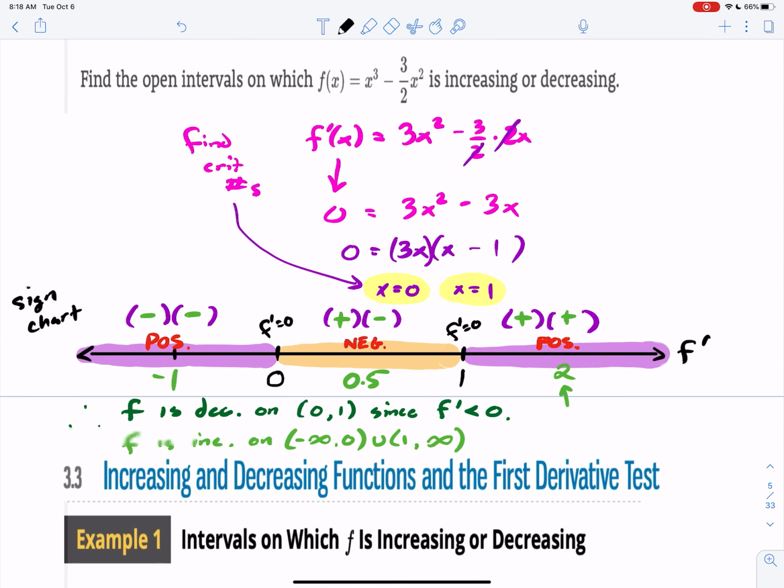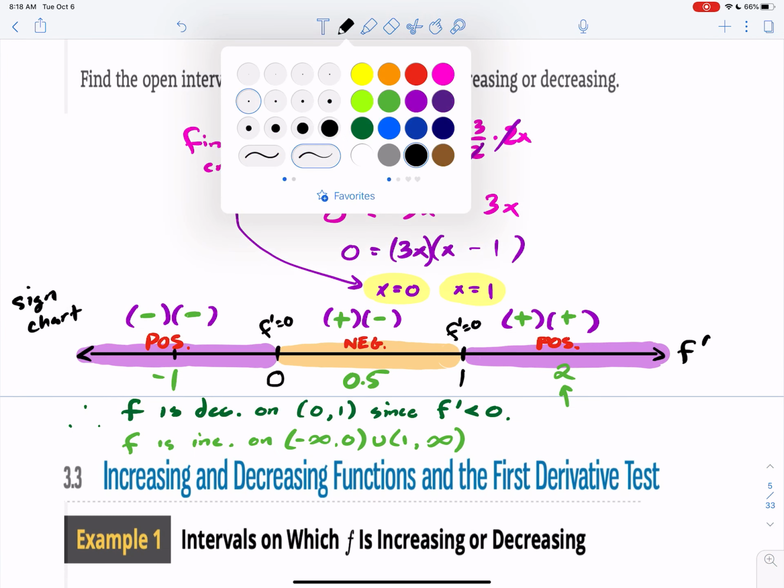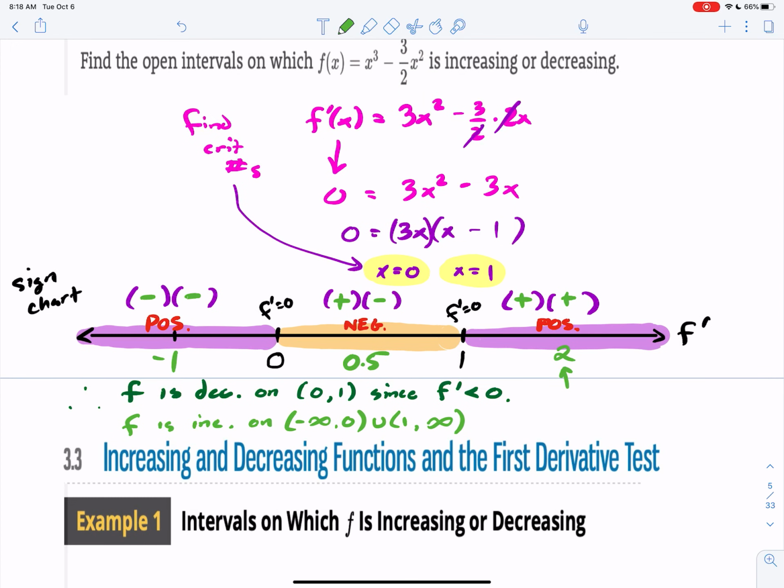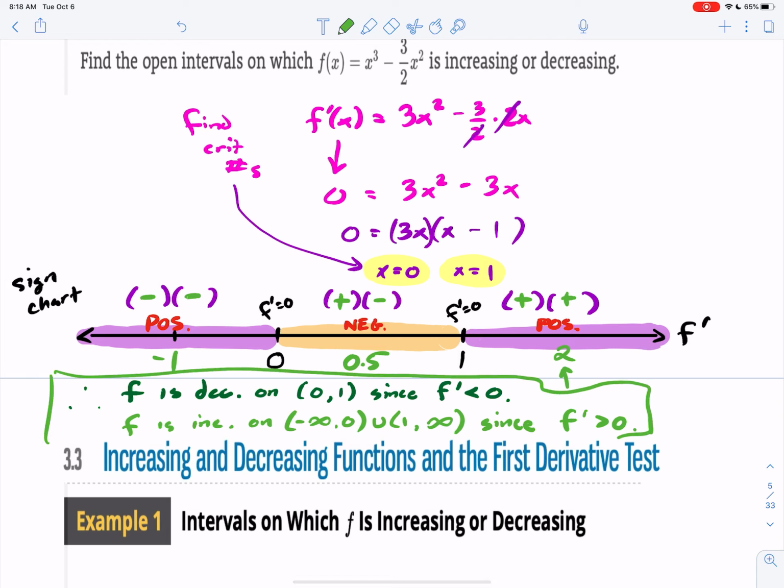All right? Okay, now let's finish this one up. How do we know that f is increasing from negative infinity to 0 and then from 1 to infinity? Since f prime is greater than 0, or f prime is positive. And then that's it. Obviously when we do this for the first time, it takes some time to explain. But you guys will get the hang of it very soon, okay?